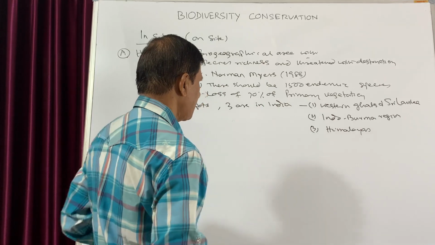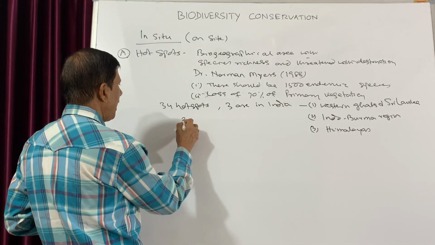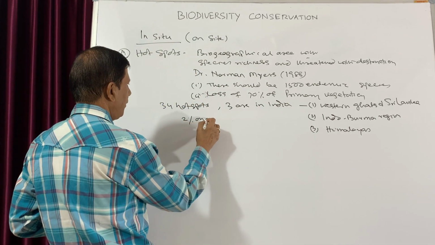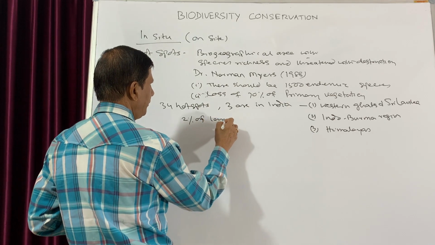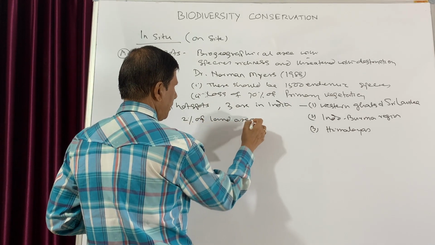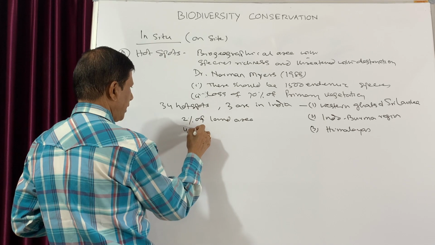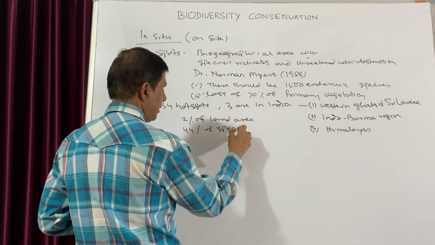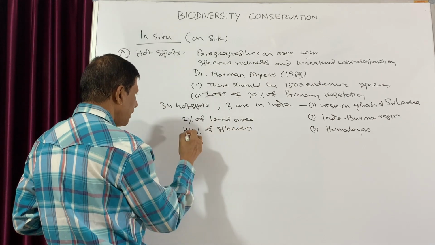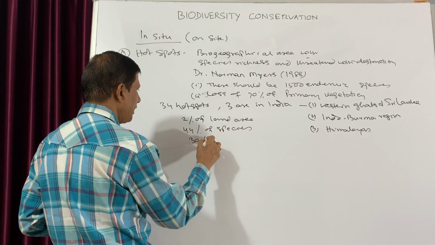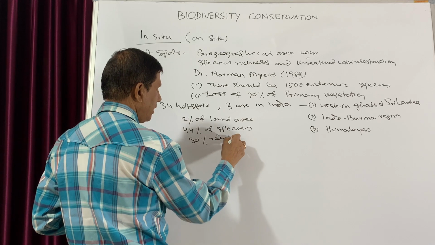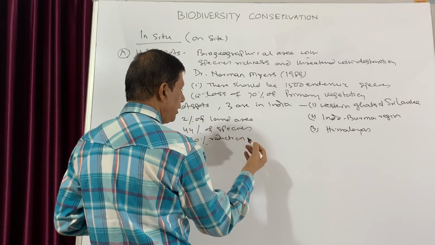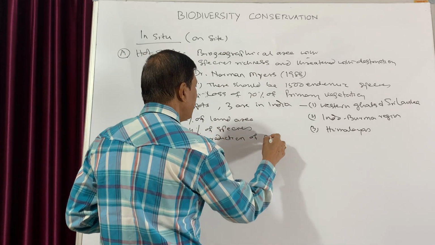And these hotspots cover around 2% of land area, but they contain 40% of species, and help in 30% reduction of extinction.